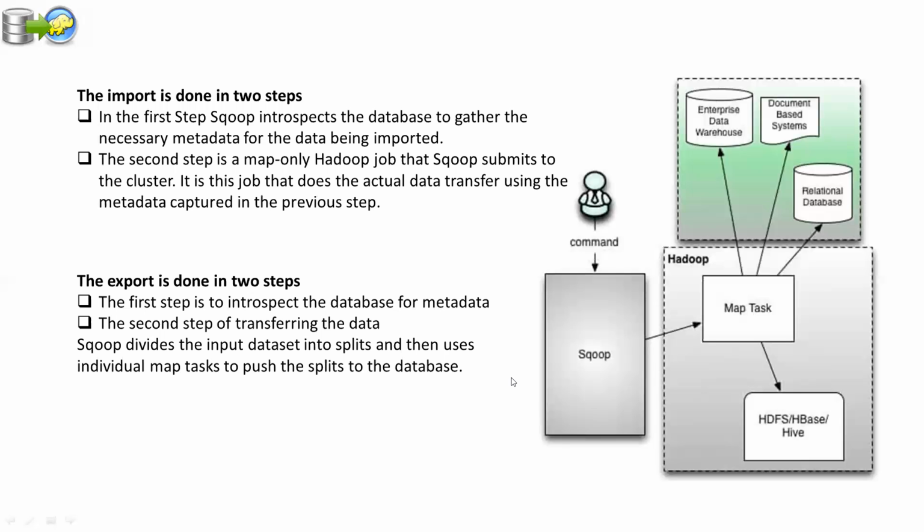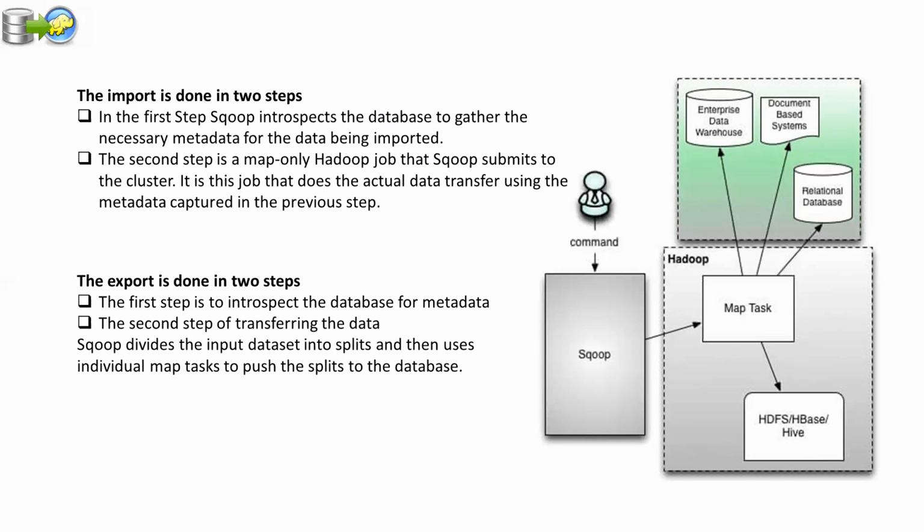If I talk about Sqoop import, it is going to be done in two steps. In the first step, Sqoop introspects the database to gather the necessary metadata for the data being imported. Sqoop will try to get the metadata from the MySql database, from a particular database or different tables, to gather the necessary information.